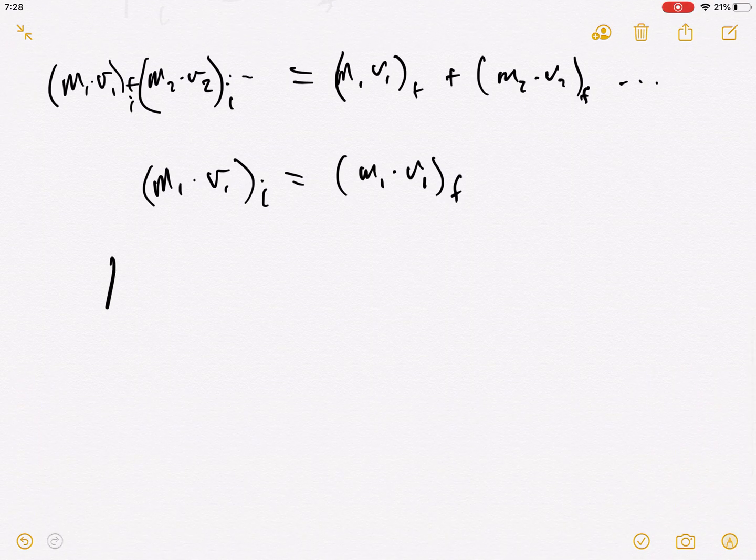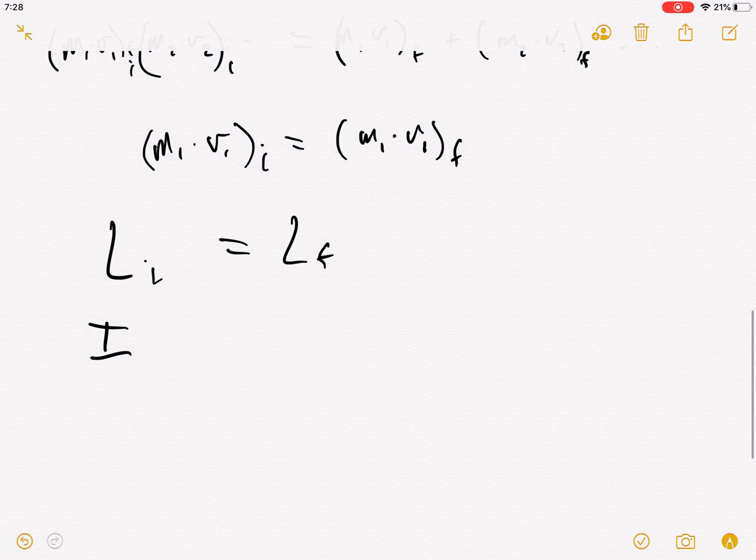But now that we're thinking about angular momentum, if I think about a single object, I could say I initial omega initial equals I final omega final. And remember, moment of inertia depends on mass, but also how that mass is distributed. So if a system changes its mass distribution, it can change its angular velocity, because of conservation of angular momentum.